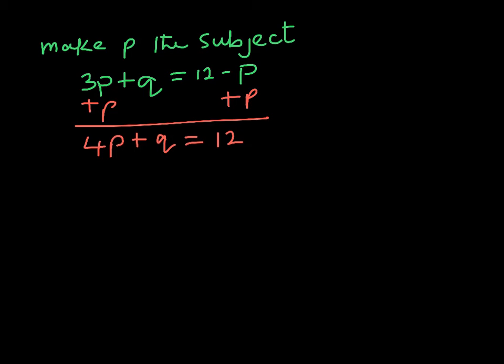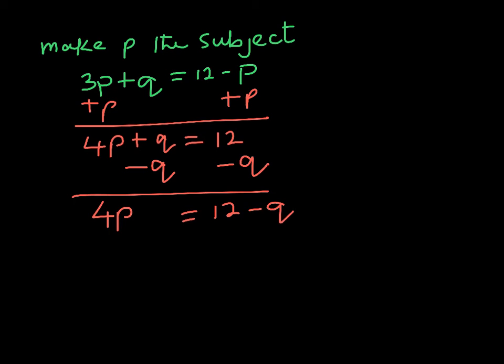We also want to bring q to the other side, because we want to leave only p on the left side. So we subtract q from this side, and we subtract q from the other side. So what do we have left? That's 4p. Q minus q is 0, will be equal to 12 minus q. So we have 4p on the left, but we're not yet there.